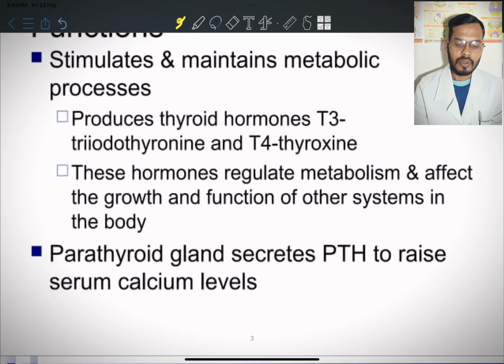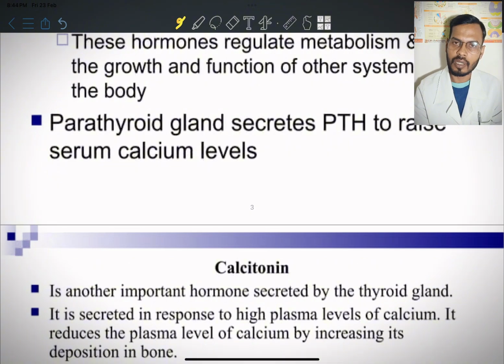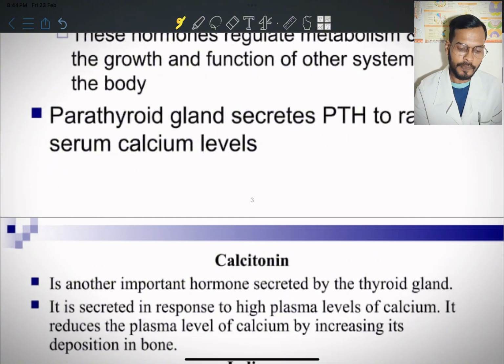The function of the thyroid gland is to stimulate and maintain metabolic processes. It produces the thyroid hormones T3 and T4. T3 is called triiodothyronine and T4 is called thyroxine. These hormones regulate metabolism and affect the growth and function of other systems in our body.